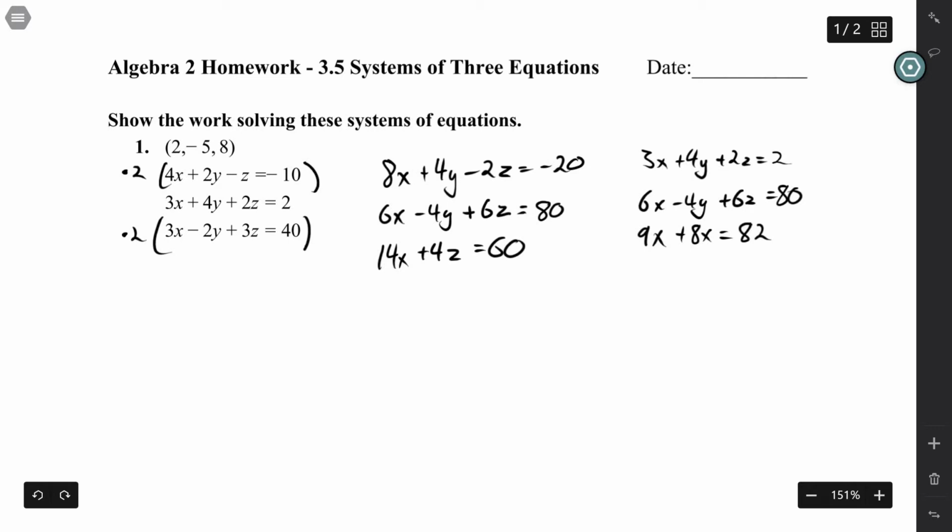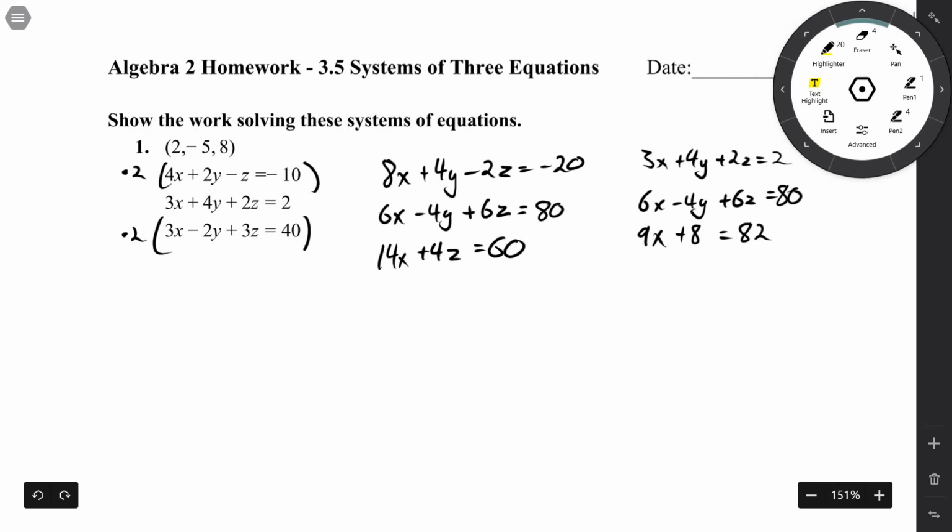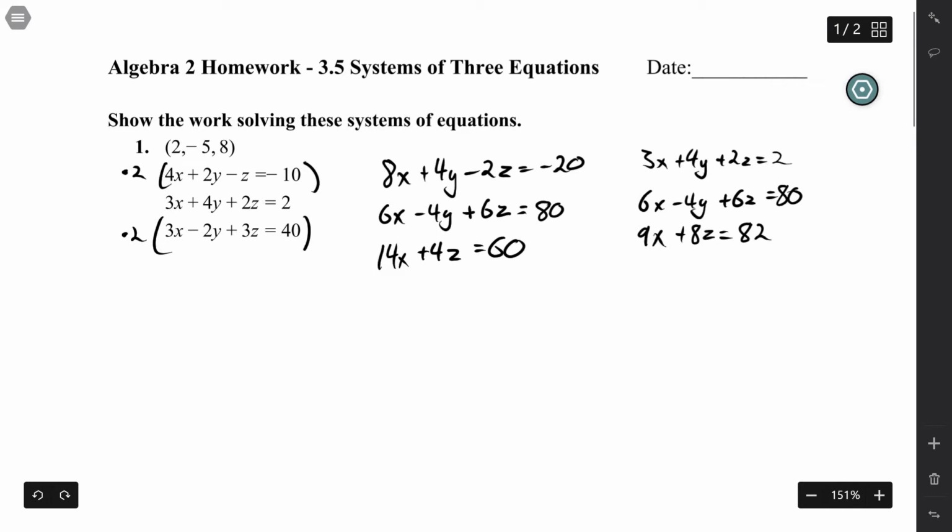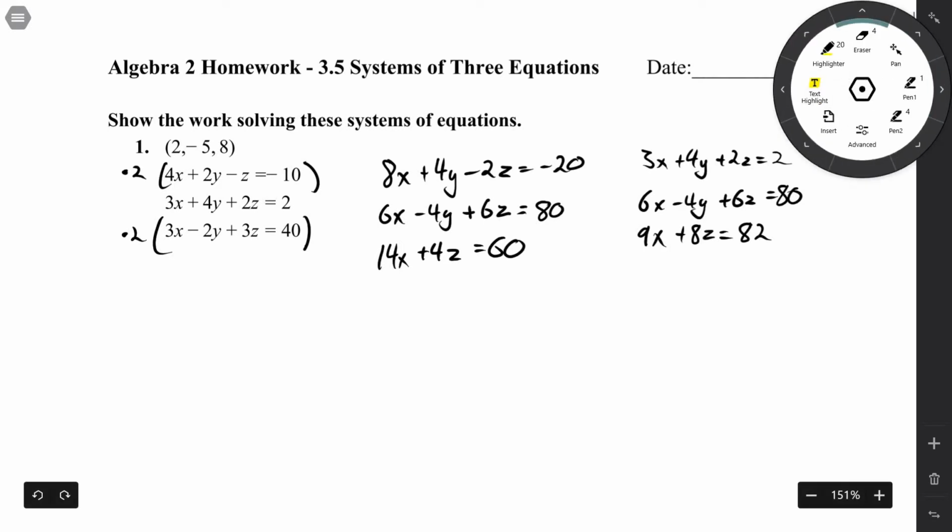Now we need to get one variable eliminated here again. Oh, not x on that last one. What am I doing? That's going to be a z. I could get rid of the x's, but I would have to multiply these up pretty big in order to do that. I don't really want to. I can multiply this left-hand equation by negative 2, and the coefficients in front of z, 8 in this case, on the right equation, I'm sorry, would round out and equal the inverse of the other.